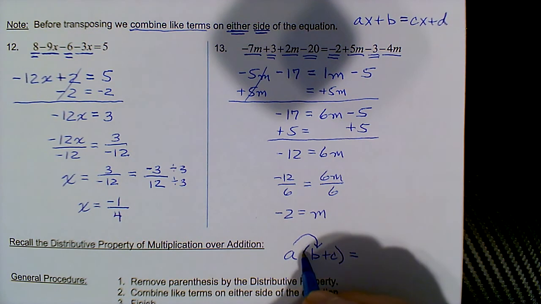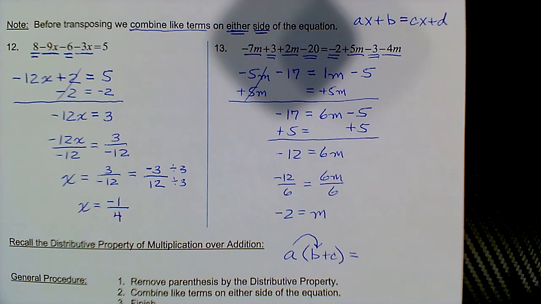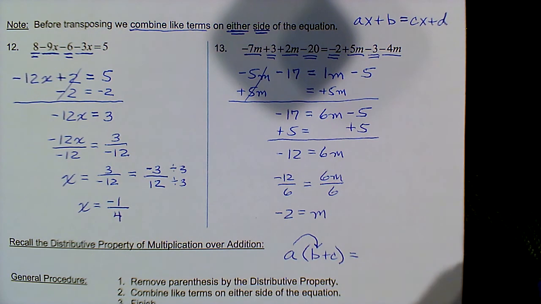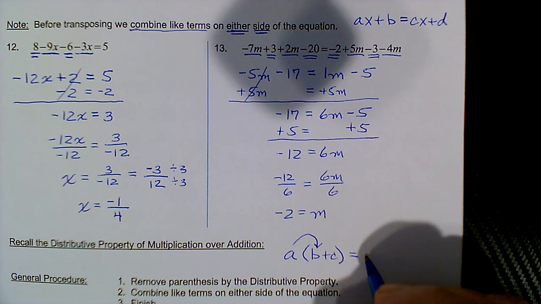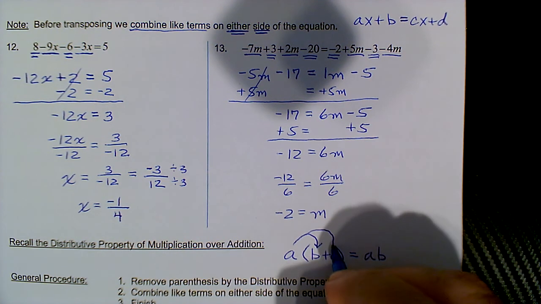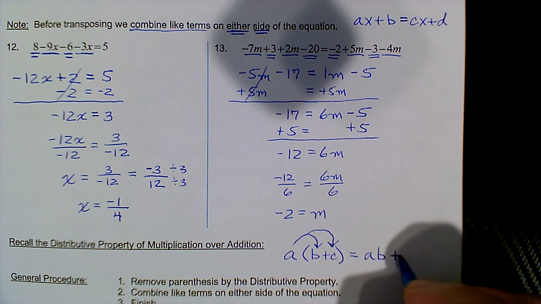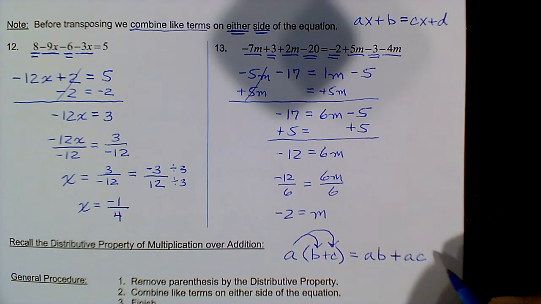A is being multiplied by, you could put a little multiplication dot in there if you want between the a and the parentheses, but that's understood. But we're distributing the a through the multiplication over this addition. Now everybody just calls it the distributive property, and we don't typically say the rest of it, but that's what's happening. So the a gets multiplied by b to give us ab, and then the a is distributed over the addition and gets multiplied by c to give us plus ac.